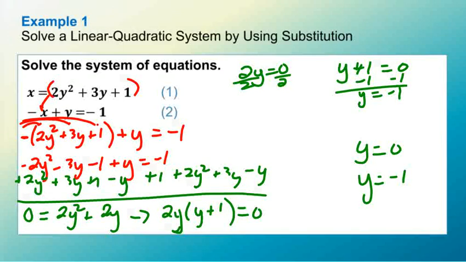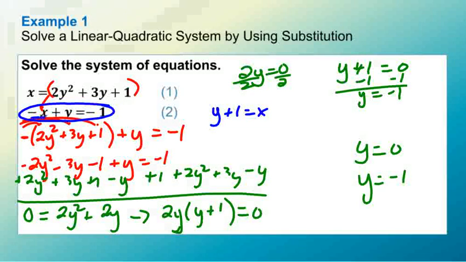If I'm solving for x, I'm going to use this one right here, so I'm just going to rewrite that. So this would be y plus 1 equals x. All I did was switch the x and the 1 around, and I had to switch the signs there. Now I can substitute my y's in there.